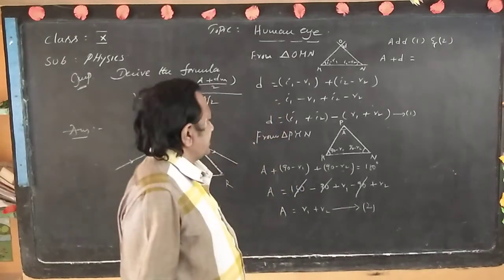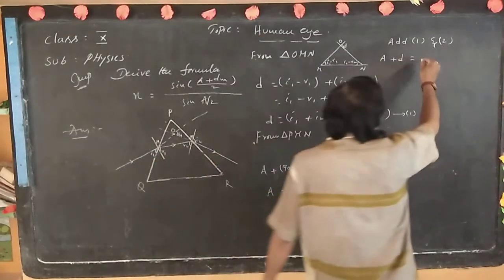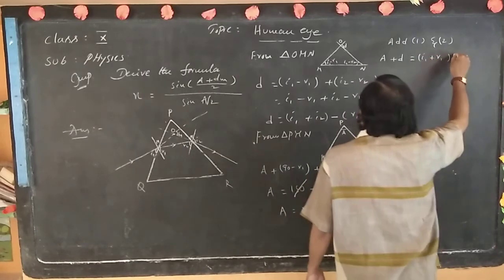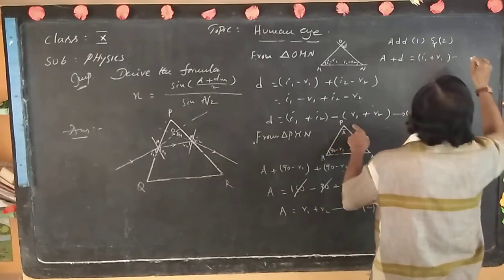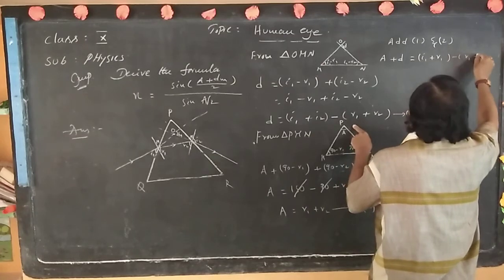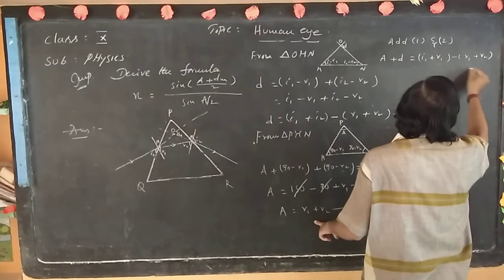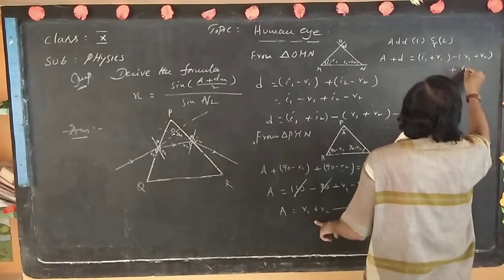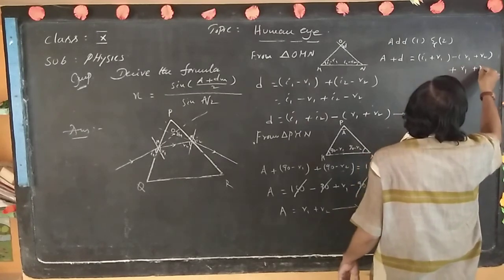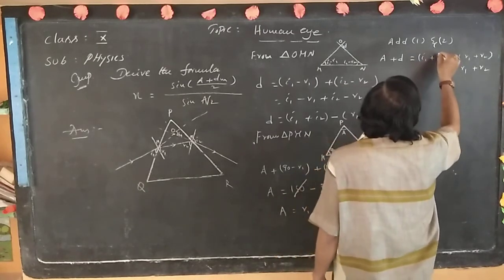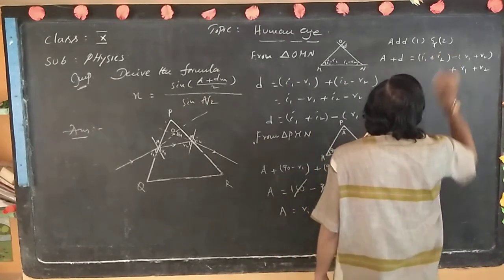A plus D is equal to, what do you get? I1 plus R1 minus R1 plus R2. Here the A value will be R1 plus R2. Now what do you get? I1 plus I2.